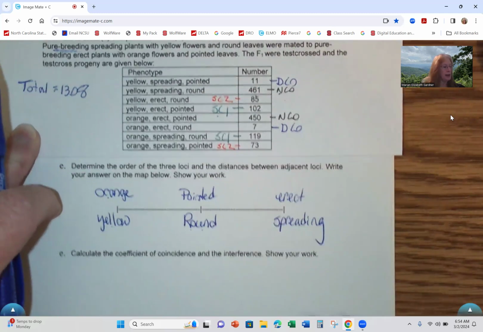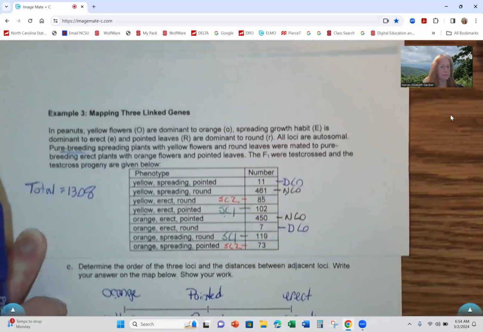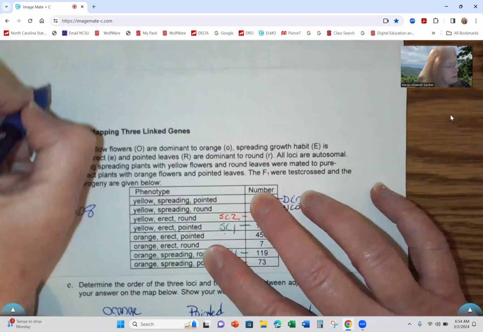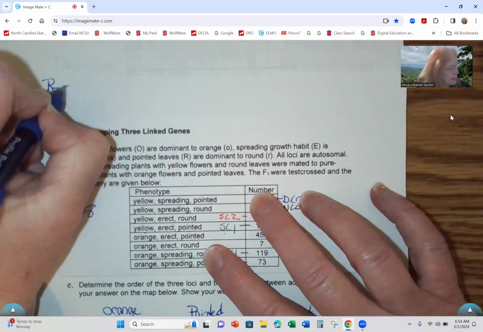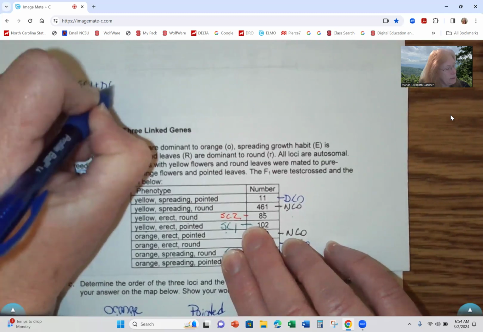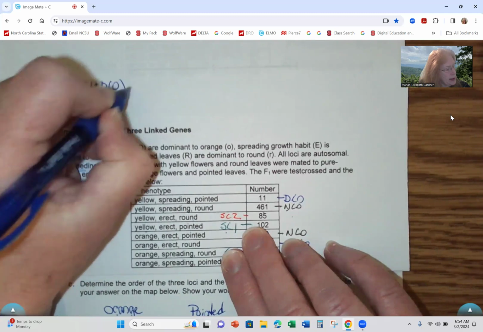So we have to classify all of our progeny types, and then we can calculate the map distances. Again, I need a little bit of scrap paper, so I'm going to pull it up here. Our map distance for region 1 is the SC1s plus the doubles divided by the total, all that times 100.